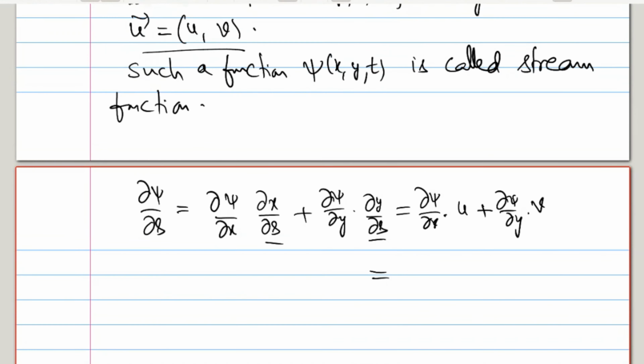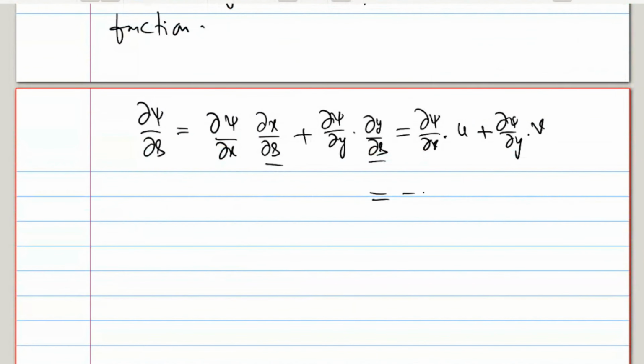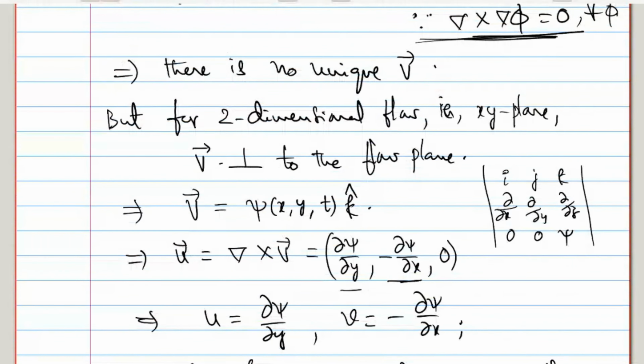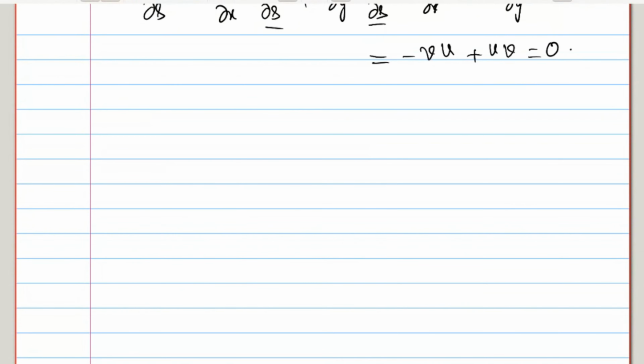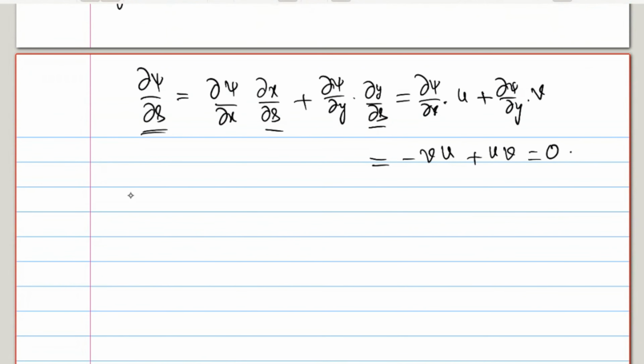But you already have dou psi by dou x is minus v and dou psi by dou y is u, so this gives minus v into u plus u into v, which is equal to 0. So by construction, along the streamlines this derivative is 0. That means psi of x, y, t is constant along the streamlines.